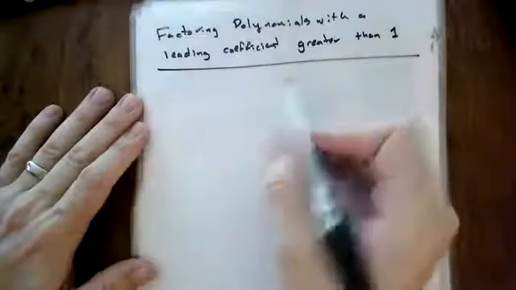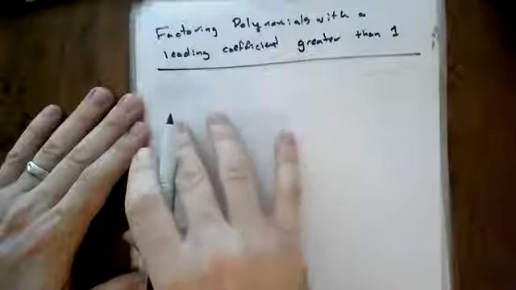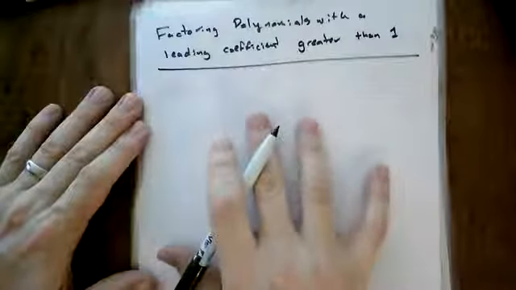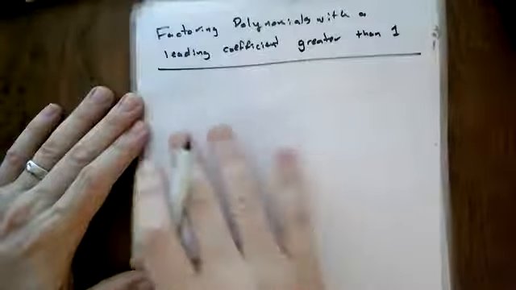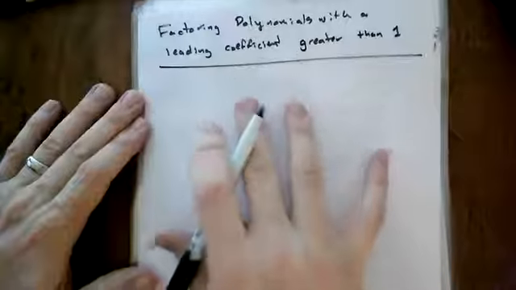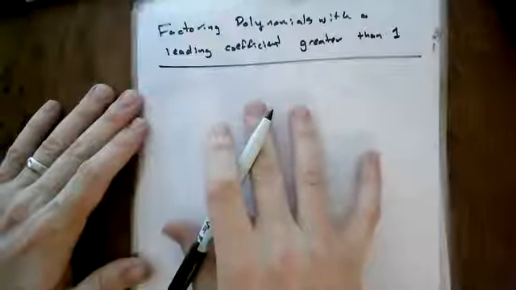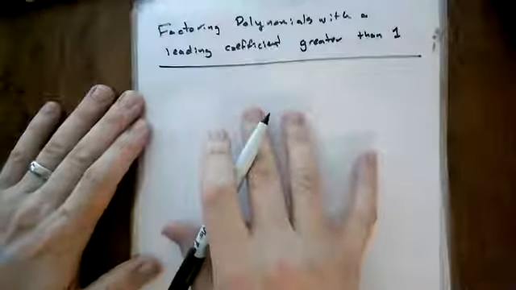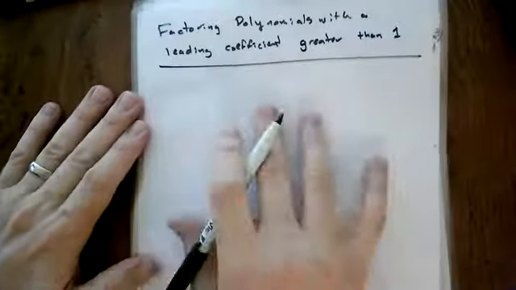So here's the thing. When we're doing this, we're going to see some similar processes to what we've done before. Now, there are a lot of different ways of factoring polynomials with a leading coefficient greater than 1. The one that I want you to stay away from is what we call guess and check. Guess and check is about as effective as it sounds.